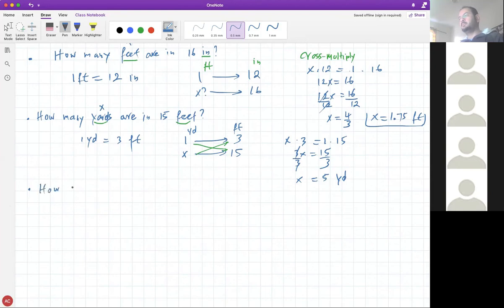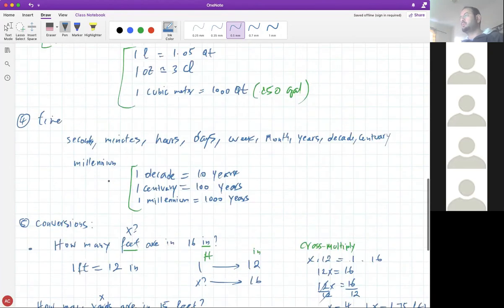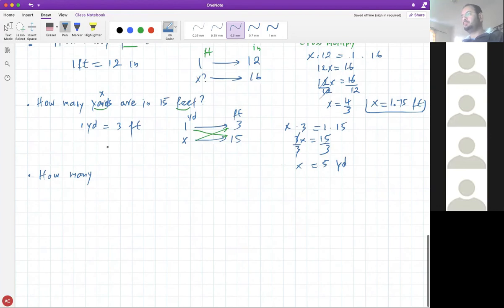So how many centimeters are in, let's say, 14 inches.